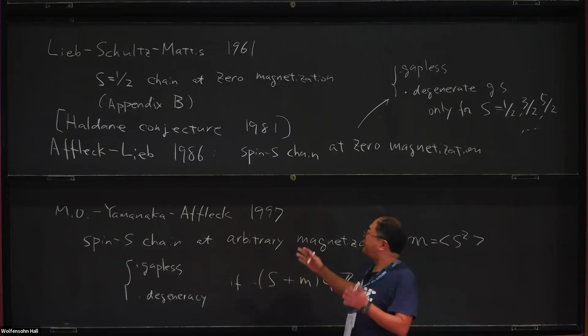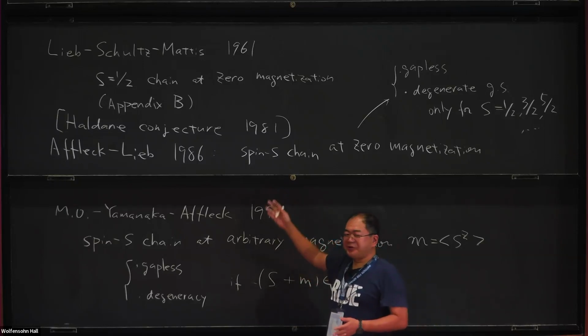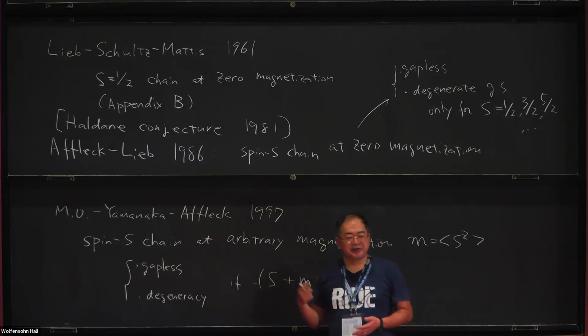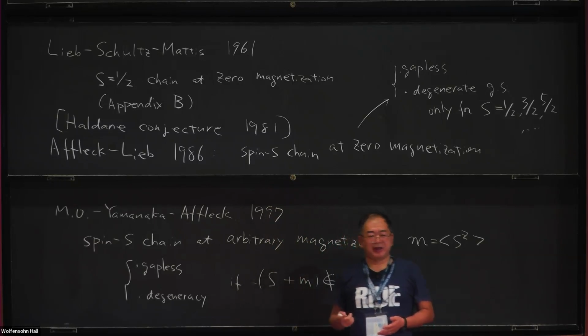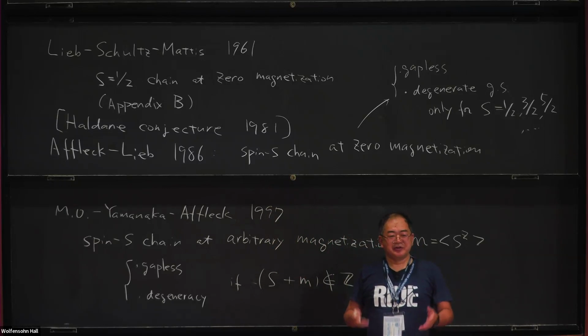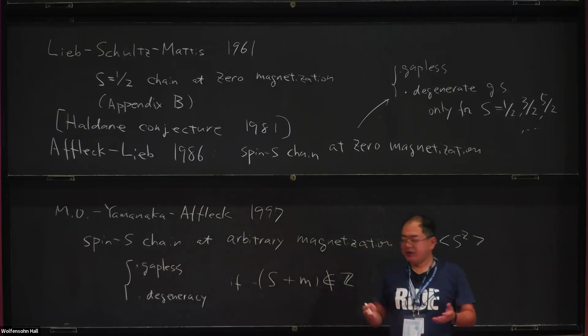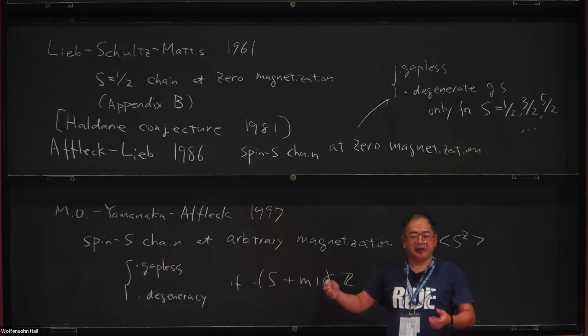You might have learned that the Haldane conjecture follows from the nonlinear sigma model mapping: the integer spin chain has effectively no topological term, and the half-odd integer spin chain has a topological term. So because of this topological term, the half-odd integer spin chain remains gapless, but the integer spin chain has a gap.